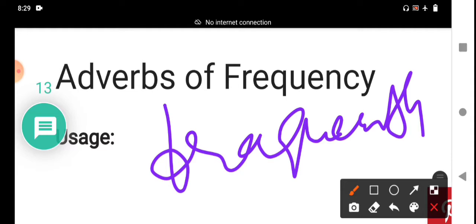These are the adverbs of frequency. How often the action has happened. For example, I go to my native place twice in a month. Twice is an adverb of frequency.